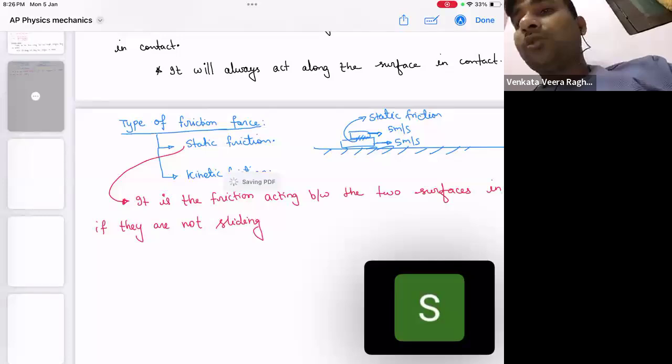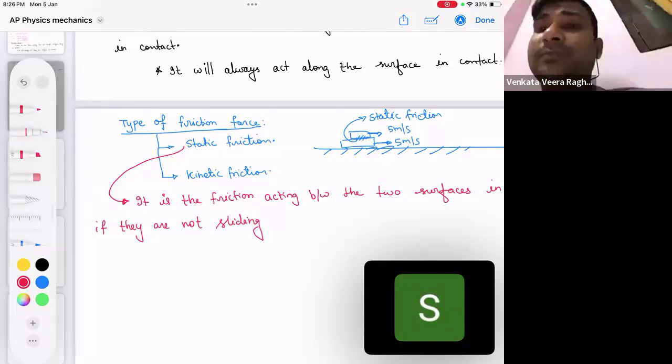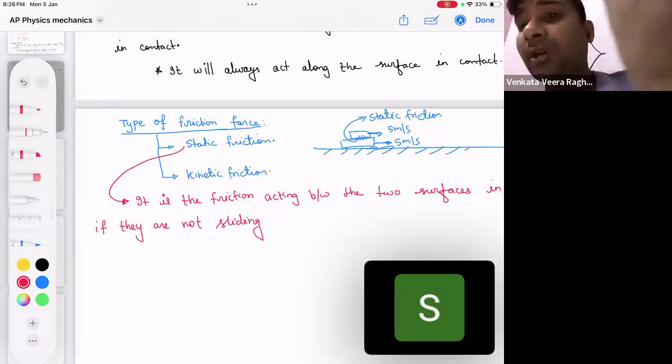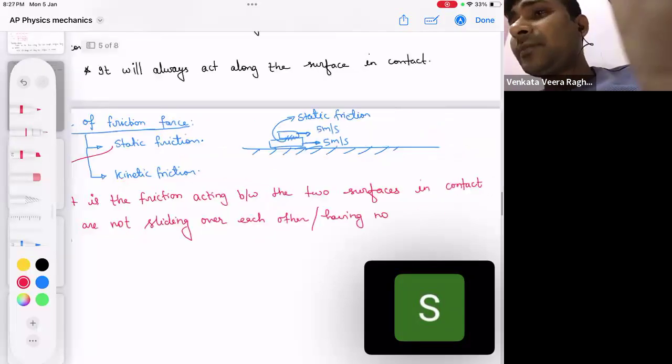Or you will see the same statement another way. Not sliding means what? No relative motion between them. If they are not sliding over each other, or you can say having no relative motion between them. Both statements are the same, just written in a different way.